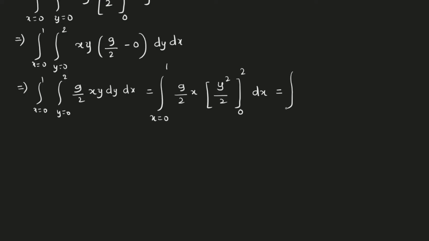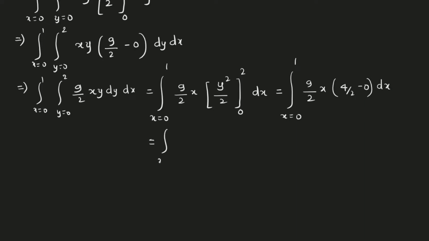So what does it give you? x 0 to 1, 9 by 2 x. Now put the limits. When you substitute the limits, it is 2 square, 4 by 2, minus 0 lower limit, into dx. 4 by 2 is 2 and this 2 will get cancelled.